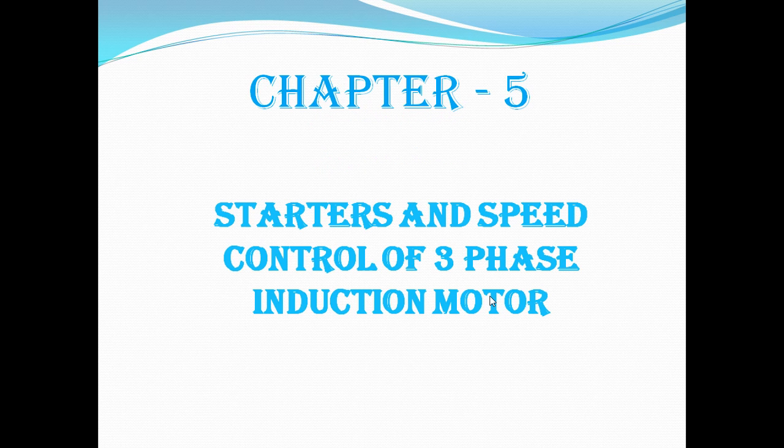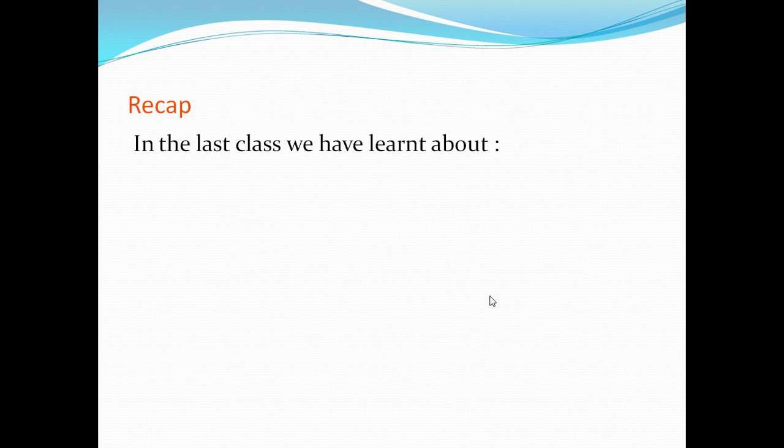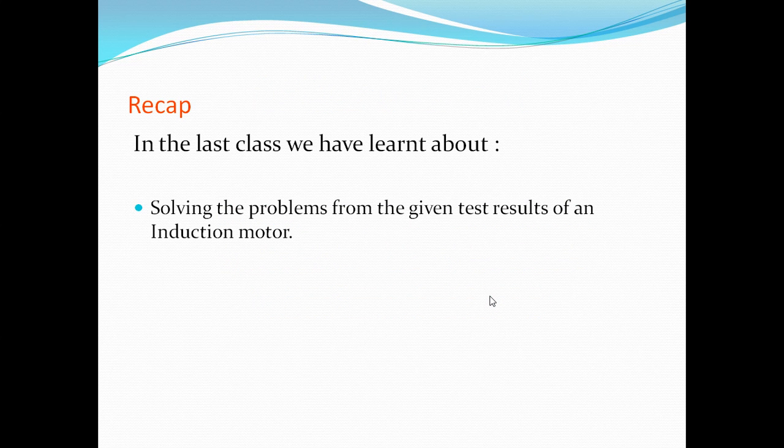In this class, we will continue the fifth chapter, that is starters and speed control of three-phase induction motor. In the last class, we covered the circuit diagram, that is how you have to draw it.